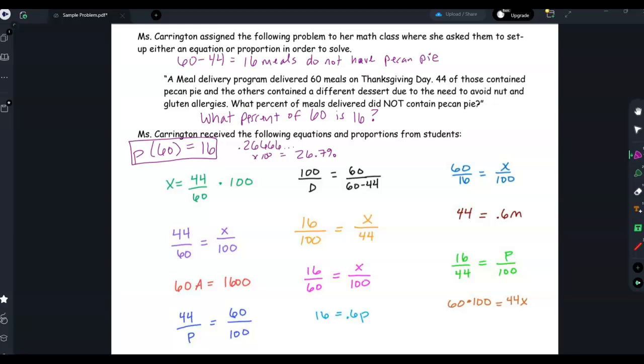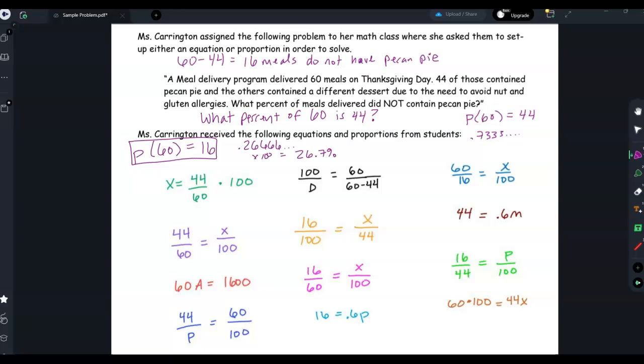If we hadn't done the subtraction at the beginning, then we would have been saying what percent of 60 is 44. And so then we would have done it the same way. It would have been P times 60, but instead of equal 16, it would have equaled 44. So if you do that, divide both sides by 60 there, you get 0.73 repeating.